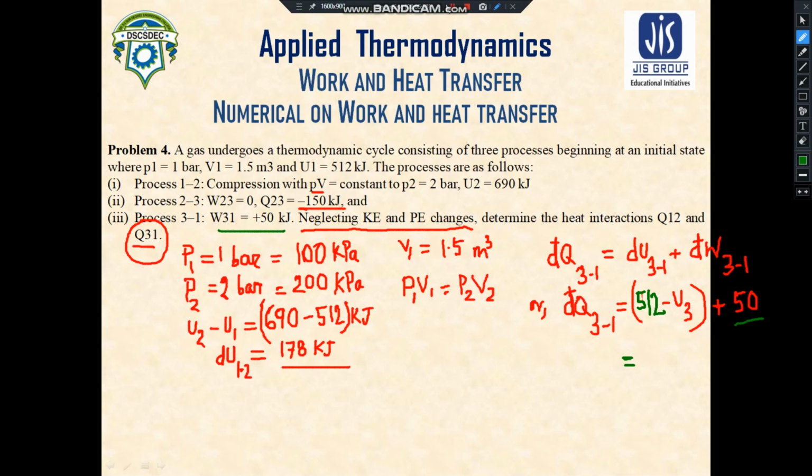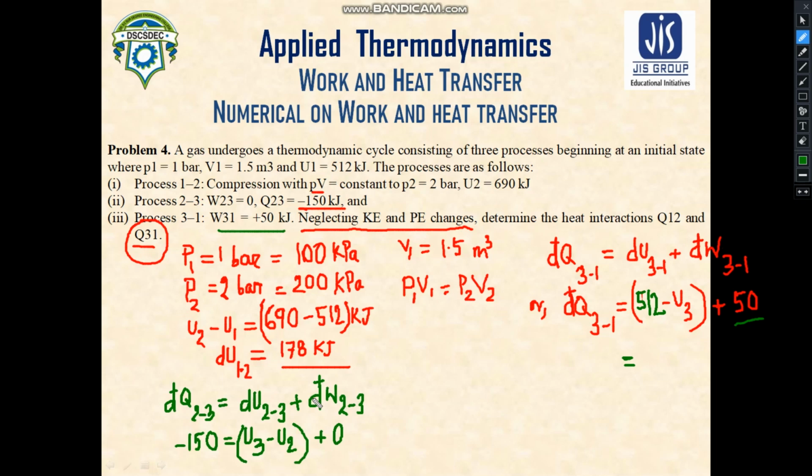As you can see, I have written down the first law of thermodynamics for the process 2 to 3. So here it goes. Now this dQ for process 2 to 3 is given as minus 150 kilojoules, already provided in the problem. This W23 is 0, which I have written here.